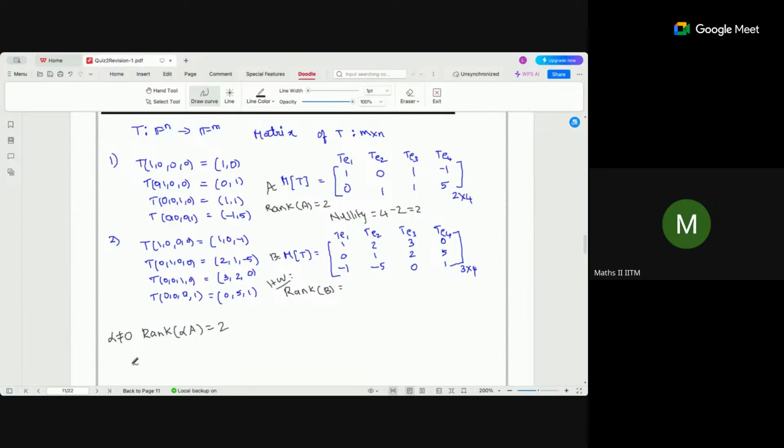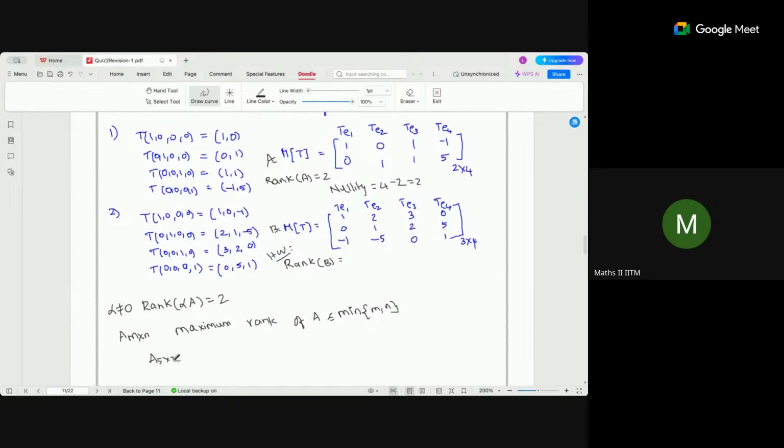Okay, one more question about rank. Let us say you have an m by n matrix. What is the maximum rank of A? n or less than n, so you write it as the minimum of m comma n. Rank of A is always less than or equal to the minimum of m and n. For example, suppose you have a 5 by 7 matrix. Your rank should always be less than or equal to which one is the minimum value? 5.